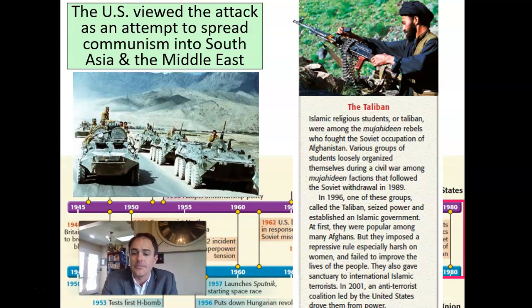And this group seized power and established a very strict Islamic government, very repressive, especially on women, and most importantly to the United States history, it gave sanctuary to international Islamic terrorists, such as Osama bin Laden, who used Afghanistan as a training site for the 2001 9/11 attacks against the United States.